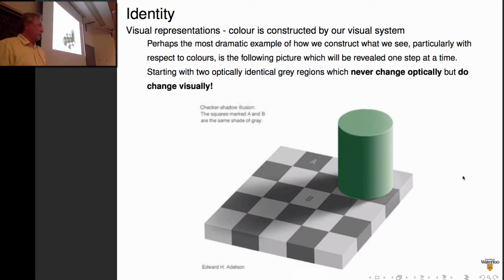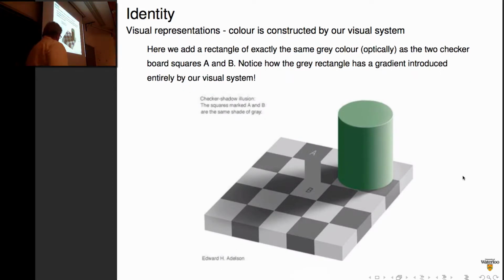So somehow your brain's saying, to make this color constantly the same sort of thing in shadow, I want to lighten that up a little bit. But that's the same gray. So color is a construct in your head. And we can see this if I add a gray stripe, that now looks like a gradient, doesn't it? That's actually the identical rectangle, same gray, I've just placed it on top of the two squares.